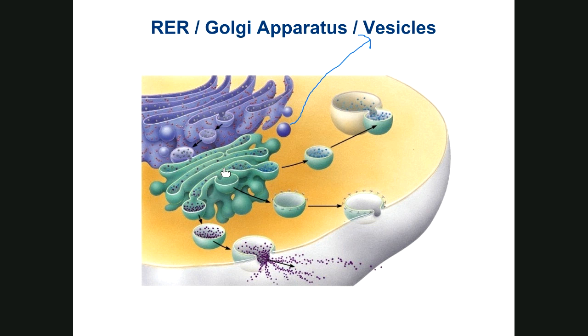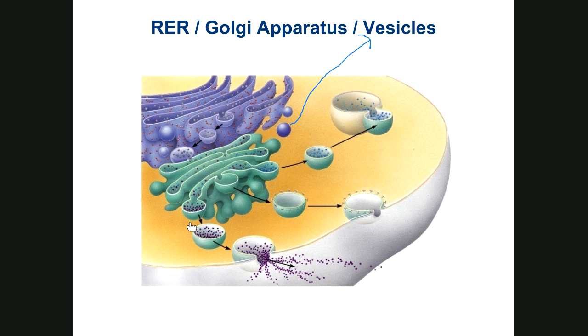Now, the Golgi apparatus has two functions. It further modifies proteins. It continues to add sugars, which we'll visit later. But the Golgi apparatus also performs a second function, which is to sort the proteins. What I mean by sort is the Golgi apparatus will divide the proteins up and send them in the correct direction to their correct destination.